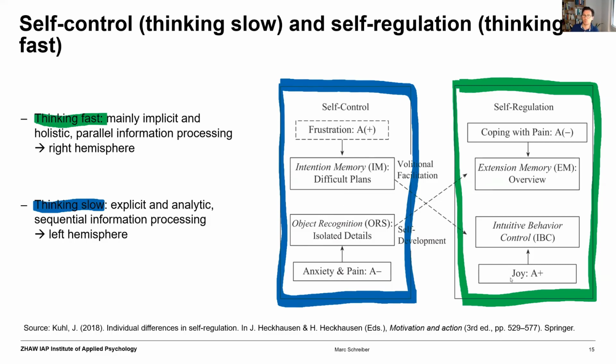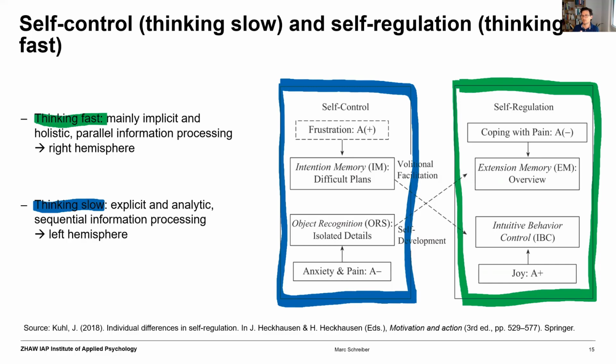And here you see why, because then we address the right hemisphere of our brain, and the right hemisphere, according to Kuhl, functions mainly implicitly and holistic, and it's very fast because it's a parallel information processing.